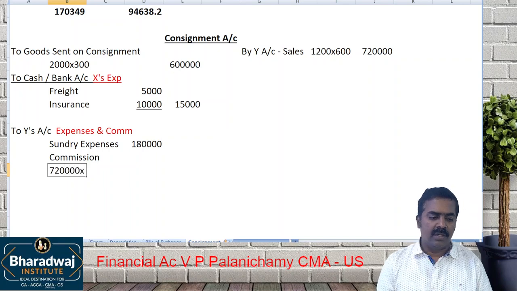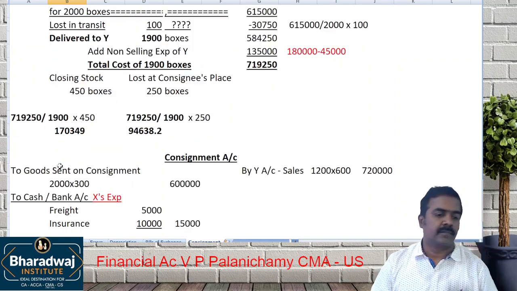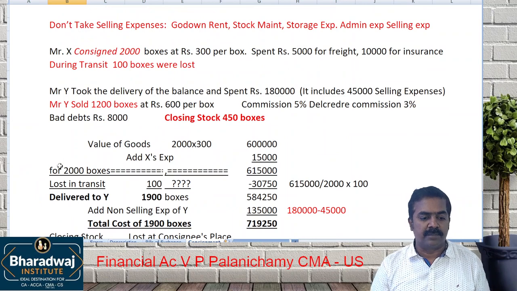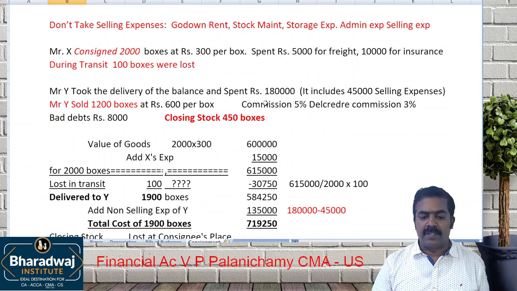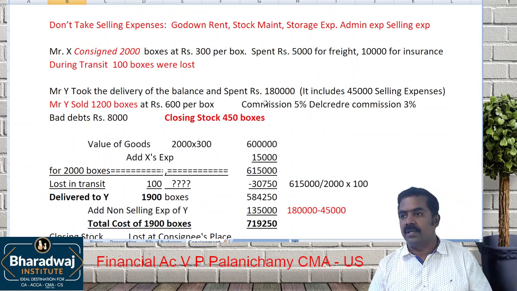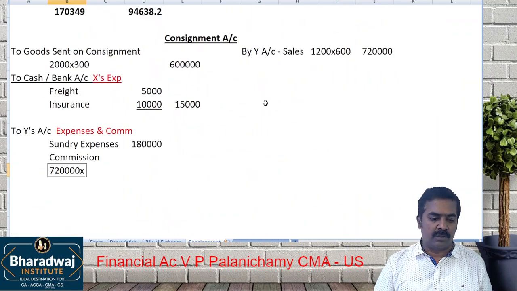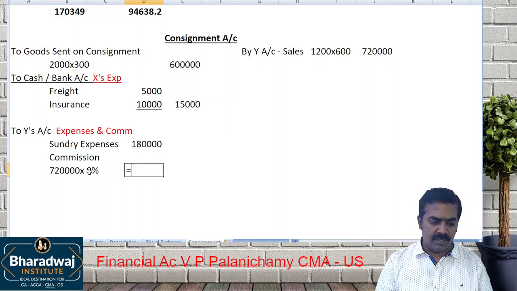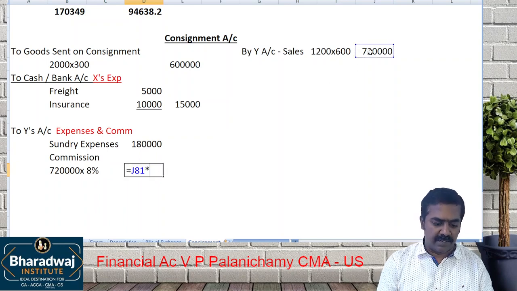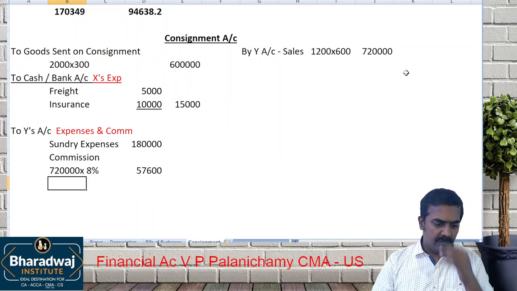7,20,000 into what will be the commission? The commission percentage is given, look. 5% normal commission. Del credere commission 3%. So what is the total? 8%. Commission will be 8%. So 8% of 7,20,000 is 57,600. Wait.